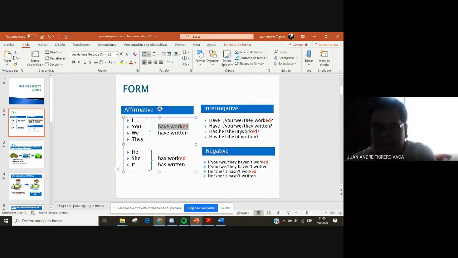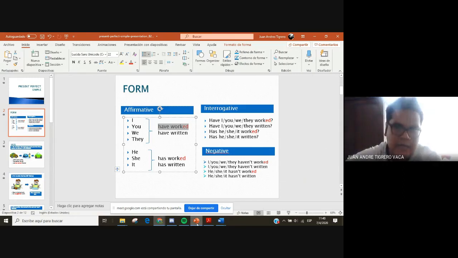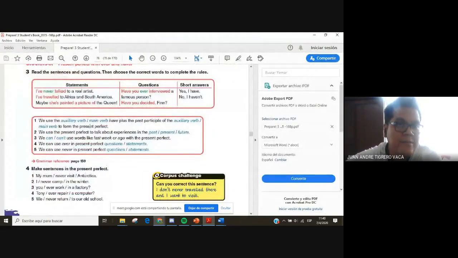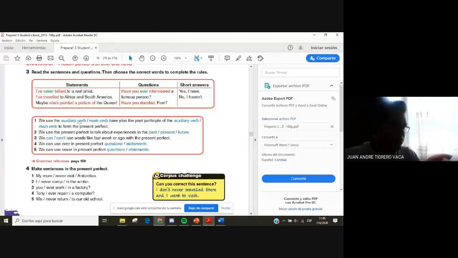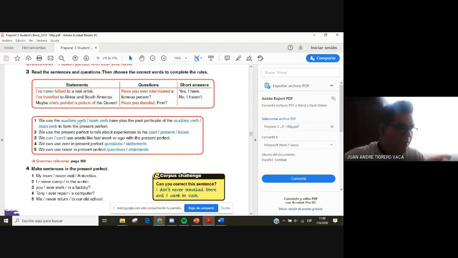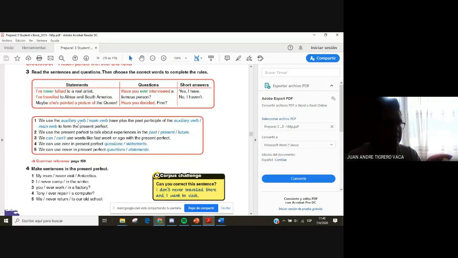Okay. But the thing is that in your student book, you see, we use the auxiliary verb. What was the auxiliary verb that we used to form the present perfect? Anyone? Remember, we were talking about have or has. That is the auxiliary verb, okay?